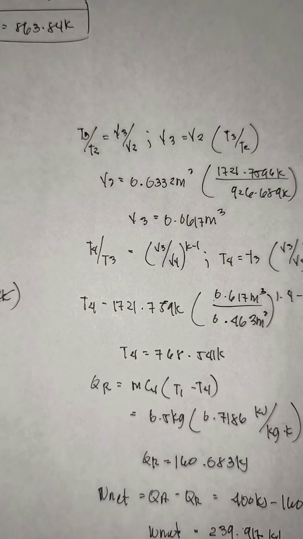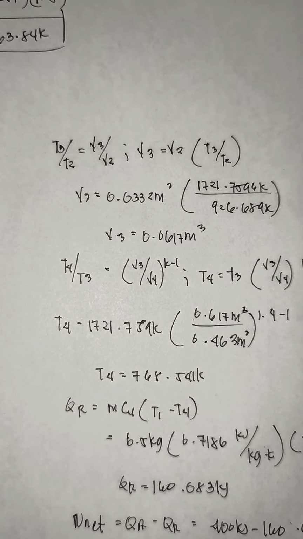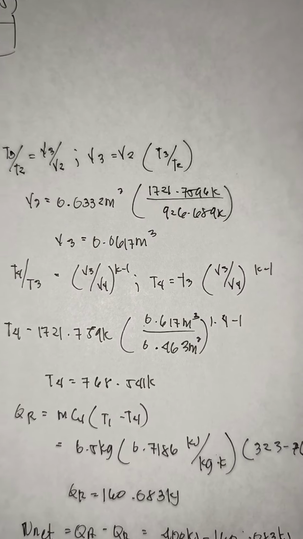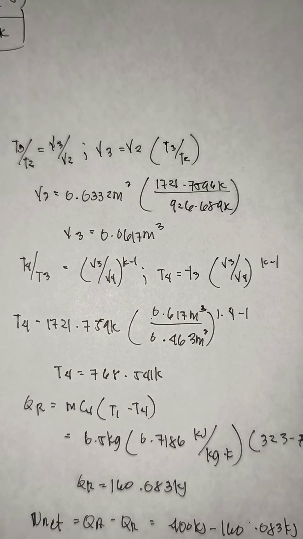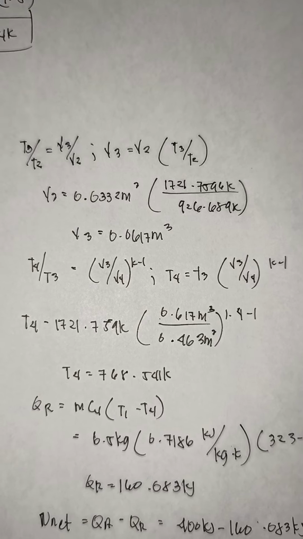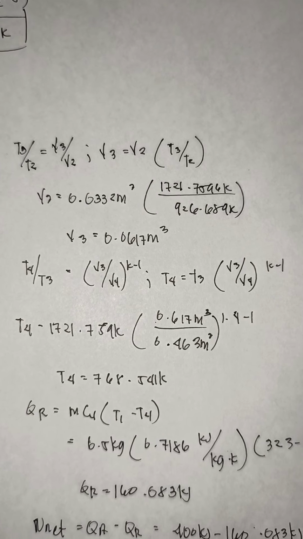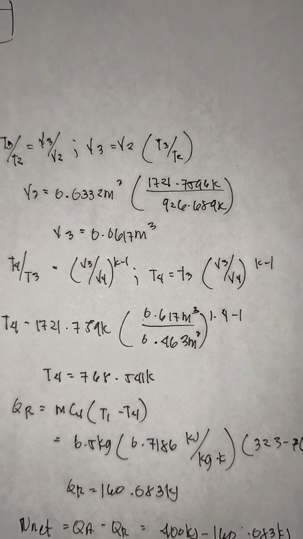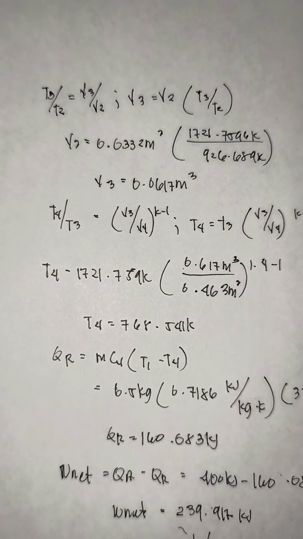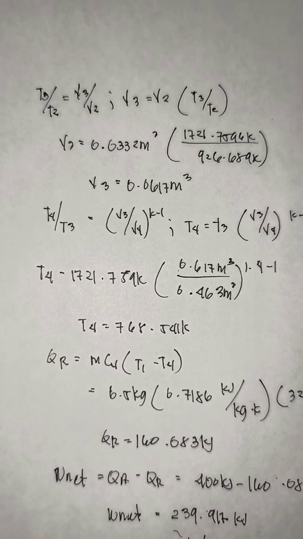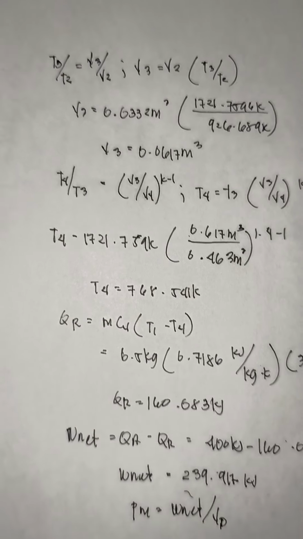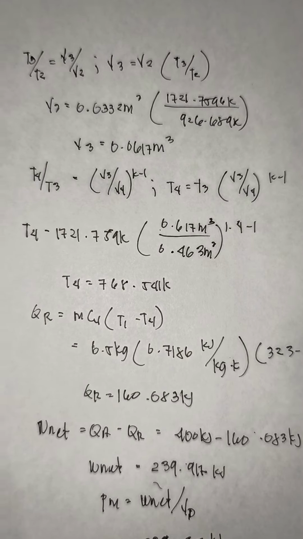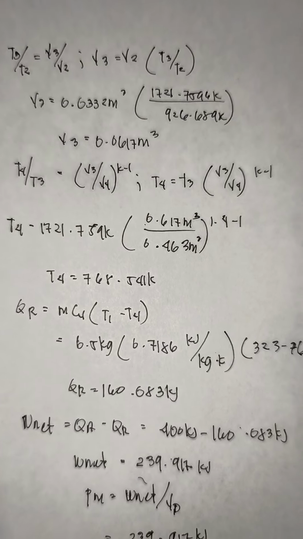T4 equals 1721.759 Kelvin multiplied by 0.0617 cubic meter over 0.463 cubic meter raised to 1.4 minus 1. Then we have the value of T4 equals 768.541 Kelvin.